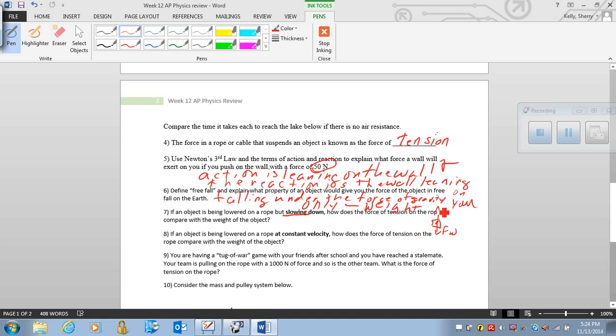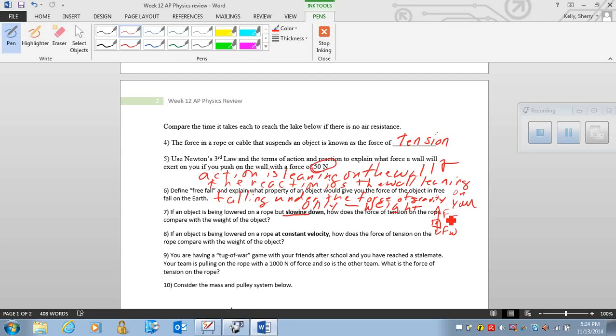And actually, this is a slowing down problem, so this applied force is going to be a negative acceleration. Because it's slowing down, it cannot be equal to that weight force. There actually is an acceleration to it. It's a negative acceleration, but there is an acceleration, and it's preventing the elevator from falling as fast as it would if it was just under the force of gravity.